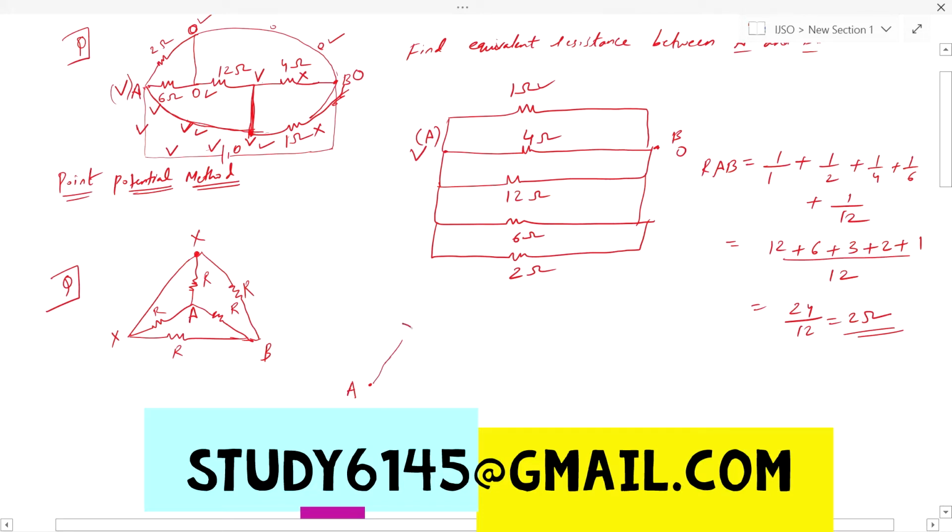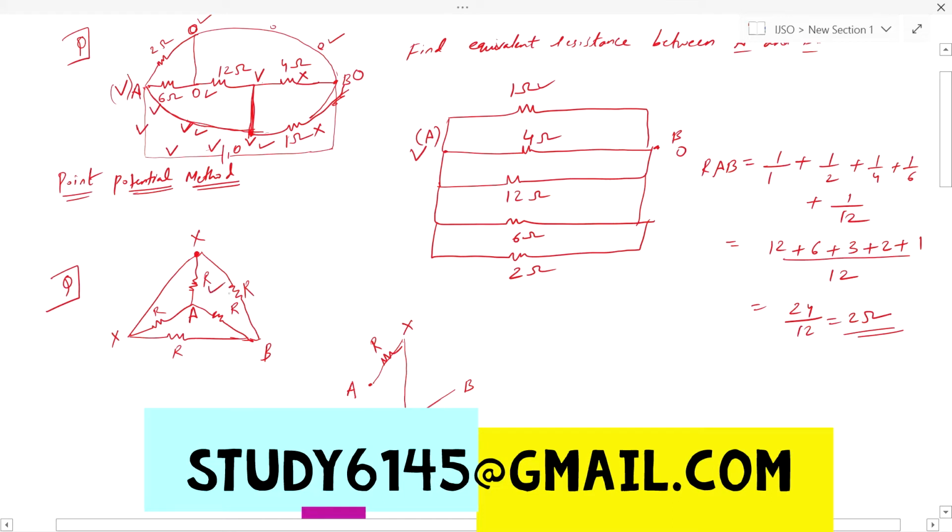This point is X and B. So X and X there is a common line. A and X there is this resistor, A and X it's R. Again A and X there is one more resistor R.